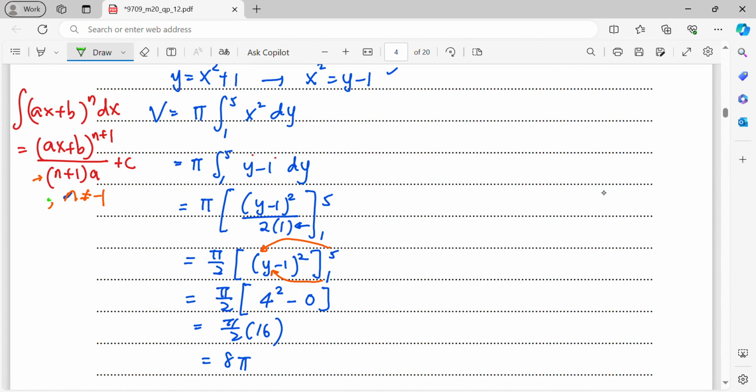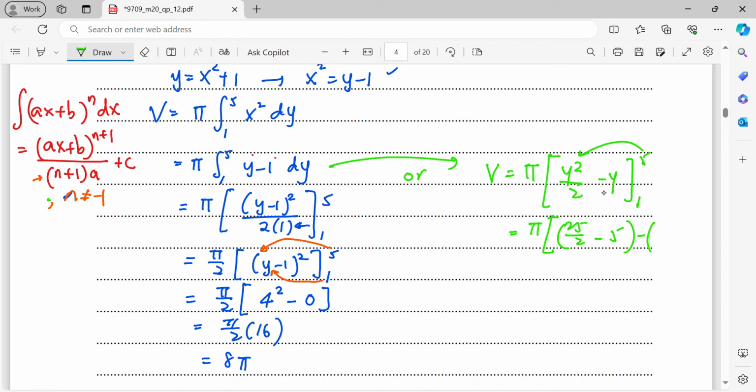Now, if you are using the second method, after this step, I will write pi integrate y minus 1. I treat it as two terms. So y squared over 2 minus y, limits from 1 to 5. Then here you just replace. Final answer will be the same. So replace y by 5 first: 25 over 2 minus 5, followed by minus when y is 1, which is half minus 1.